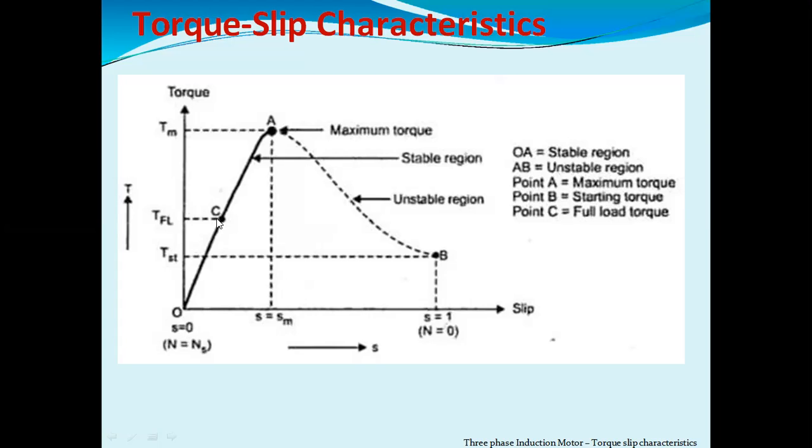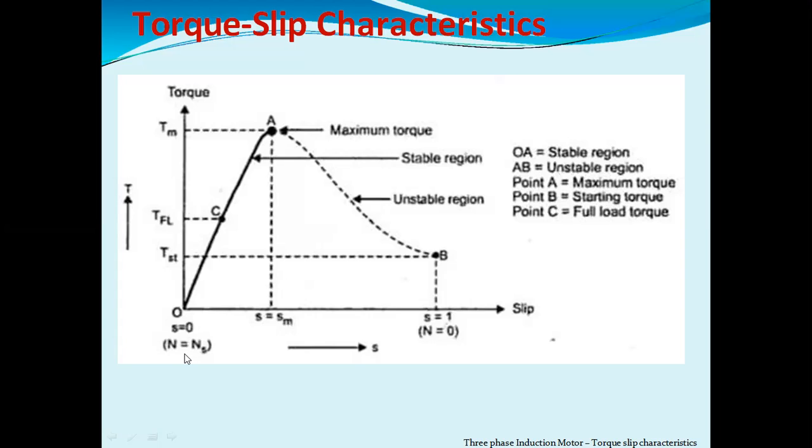And at this point, we take S equal to 0. At that time you will get the value that we call the full load torque, because here our rotor will be rotating at maximum speed, its speed becoming equal to Ns.